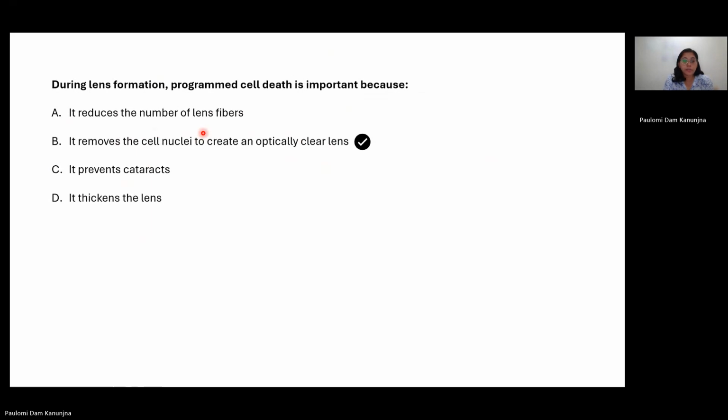So the answer, first of all, is it removes the cell nuclei to create an optically clear lens. So when your eye lens development is taking place, the epithelial cells elongate to become the lens fibers, right?